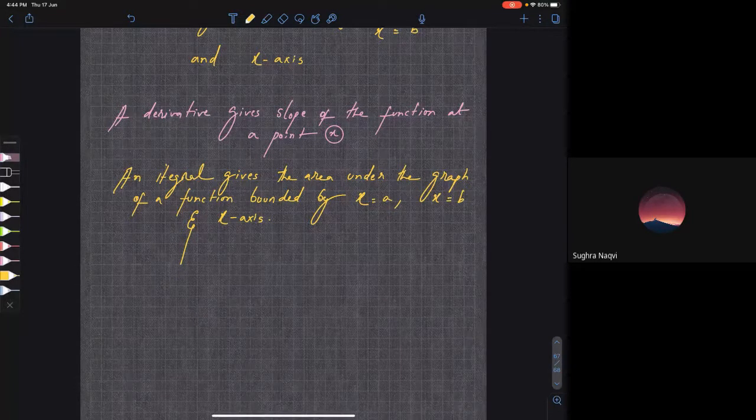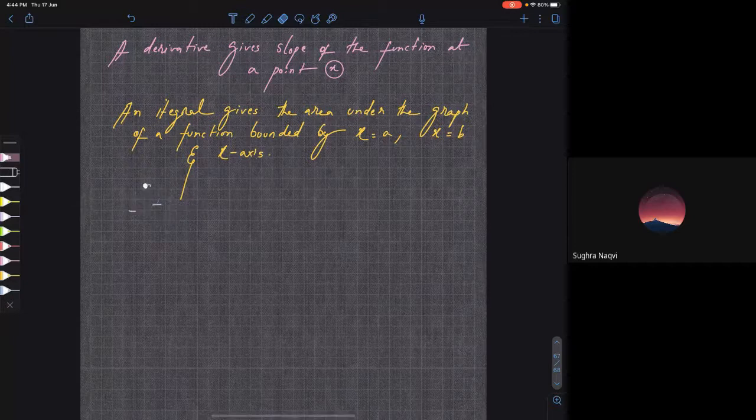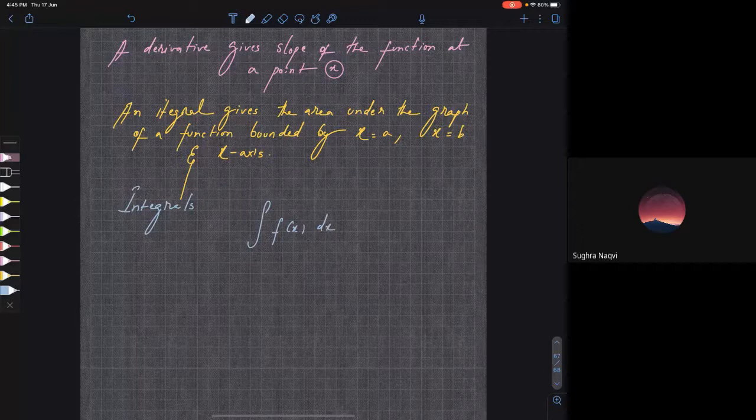Integrals are generally written in this way. Let me write it down and explain. Suppose we have to take out the integrals of some functions. Suppose I have some integral of f of x dx, and the limits are given, from a to b.